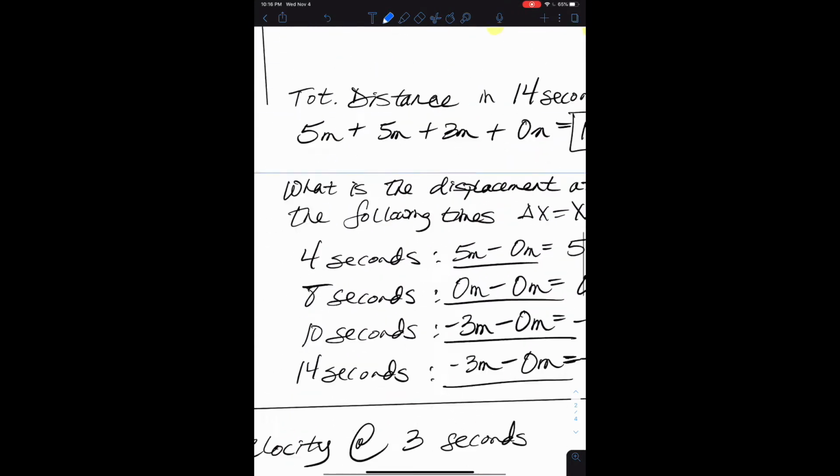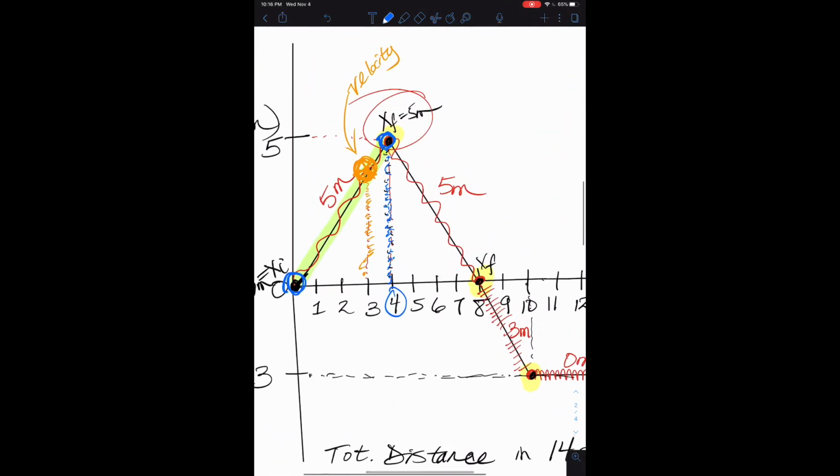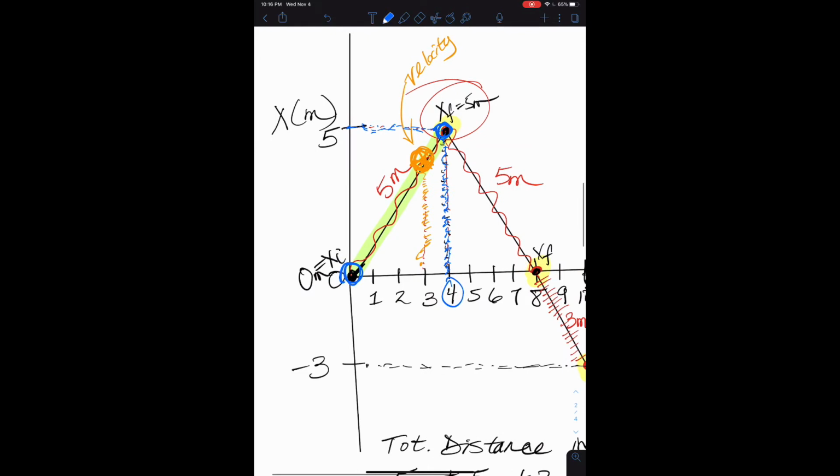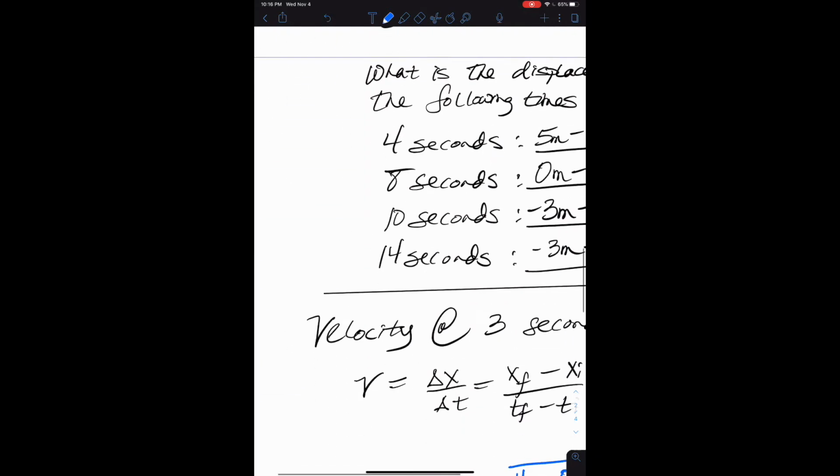Locations, well, at 4 seconds, here's 4 seconds, follow it back up, follow it over. Our location is +5 meters, right? Make sure that makes sense to you, why that's +5 meters. Where this black dot is right here, it's at position +5 meters.